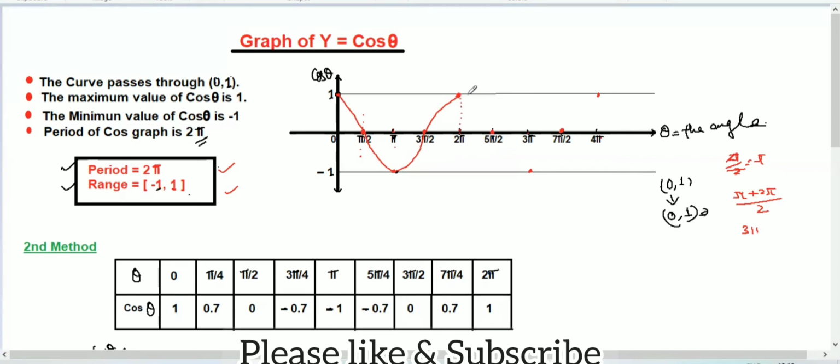Again from here, it will repeat itself, so again draw from here. See, the graph will repeat itself after 2 pi. This distance is 2 pi, again this distance is 2 pi. That's why the cos graph is called a periodic function.